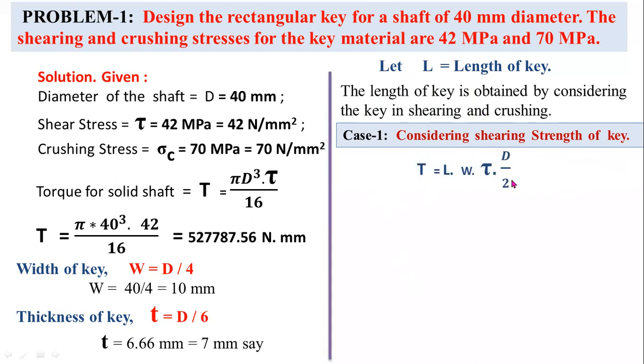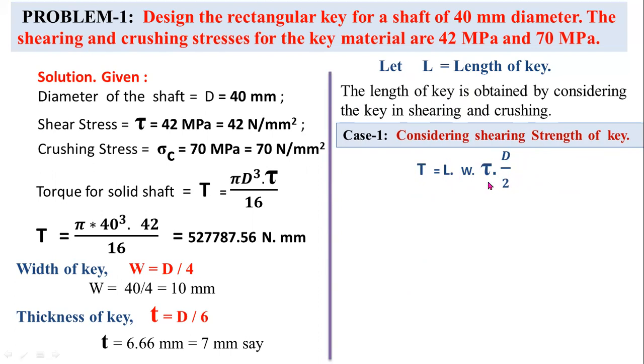This is the formula for shearing strength of the key. Torque T, torque transmitted by the key, equal to torque transmitted by the shaft. That value equal to length of the key, width of the key, and shear stress induced in the key, into radius of the shaft.